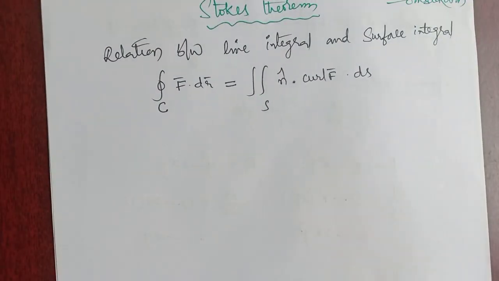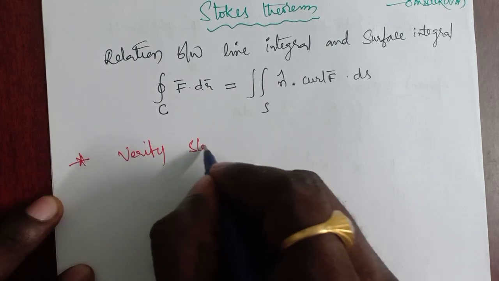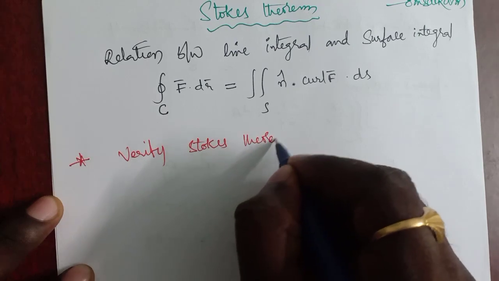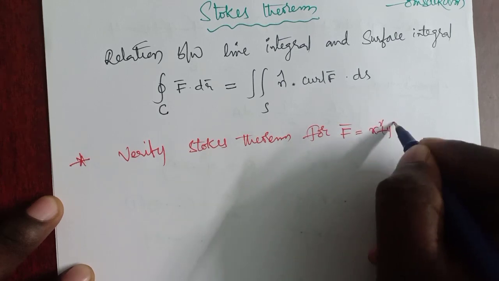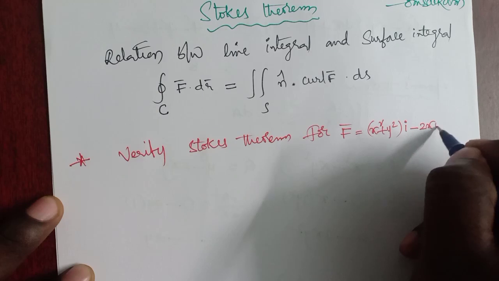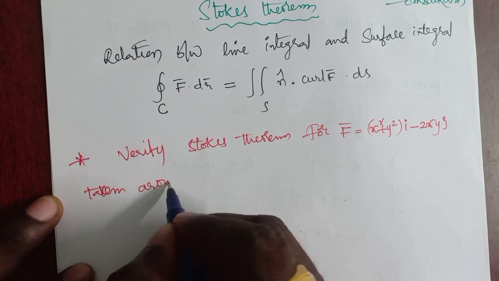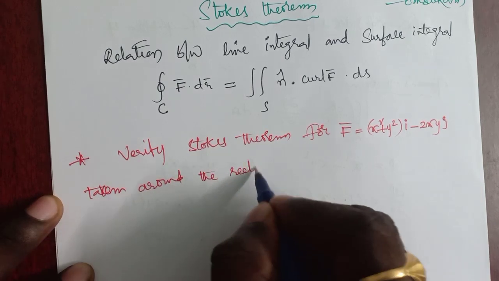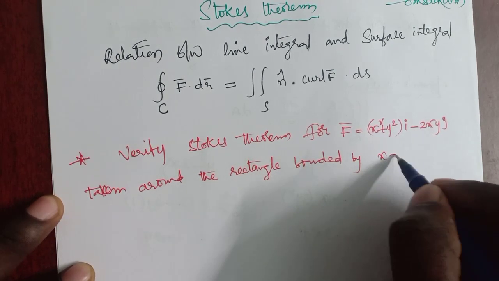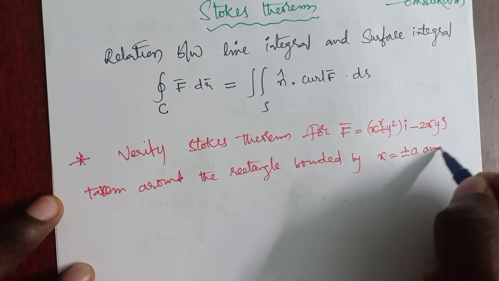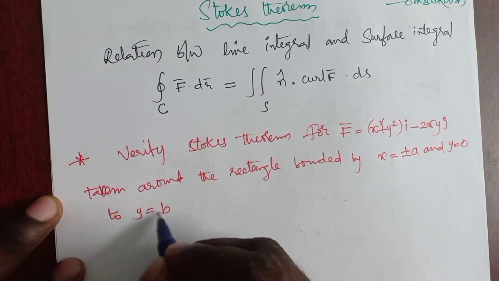Now coming to the problems, the first one is: verify Stokes theorem for f bar equal to (x square plus y square) i minus 2xy j, taken around the rectangle bounded by x equal to plus or minus a and y from 0 to y equal to b.